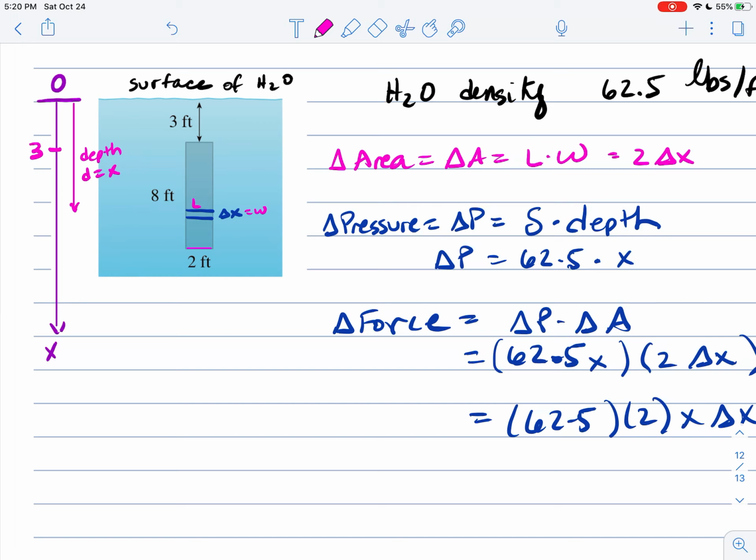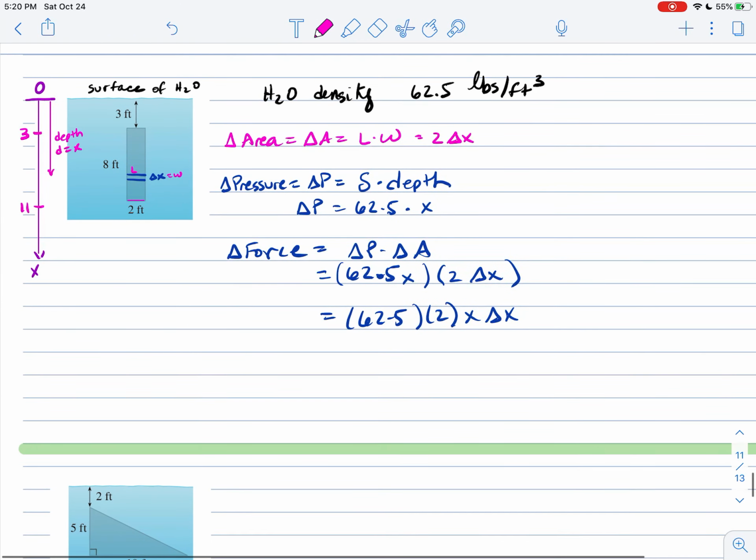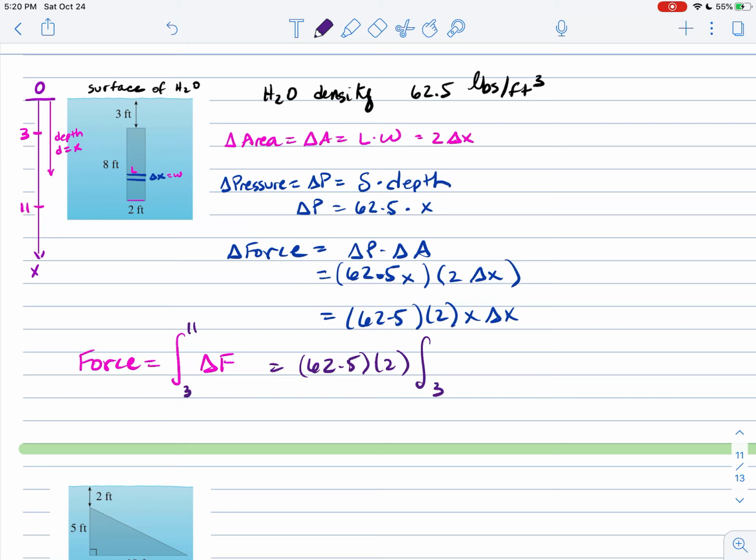I see that my slices start at 3, and they go 8 more units down, so it's going to go to 11. That's the range of my slices. So my total force is going to be the integral of my delta force, from 3 to 11. This is equal to 62.5 times 2 times the integral from 3 to 11 of x dx, and that should be something that is easy to calculate.